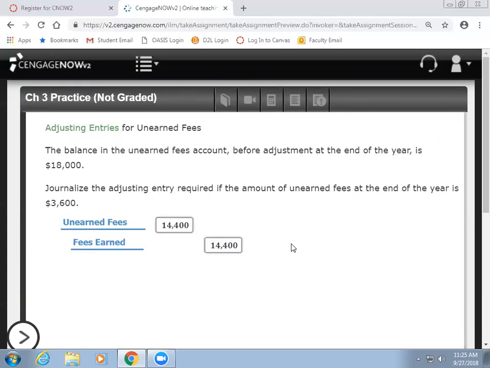Anytime you see unearned revenue, that's a deferred revenue, so you're always going to debit your unearned liability account, whatever it is, and credit your actual revenue account, in this case, fees earned. We just subtracted to get our adjustment amount. Debit unearned fees and credit fees earned.